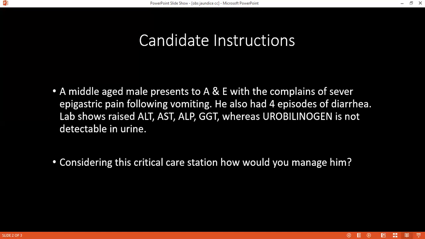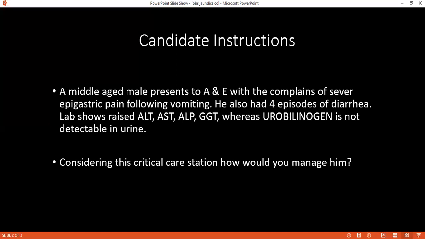Okay, so if you have read and understood, considering it a critical care scenario, kindly tell me how would you manage this patient? I will manage this patient using the care of critically ill patients, the CRIS protocol.